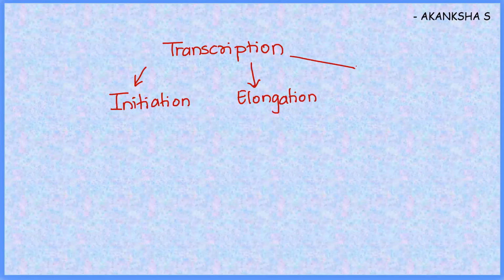And third part is termination and related processing. Okay, so these are the three steps of transcription. Prokaryotic and eukaryotic transcriptions work in a different manner. Let's try to understand prokaryotics. Okay, what happens in prokaryotic transcription?